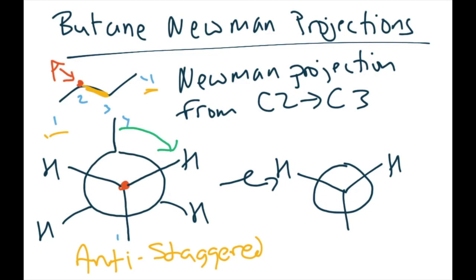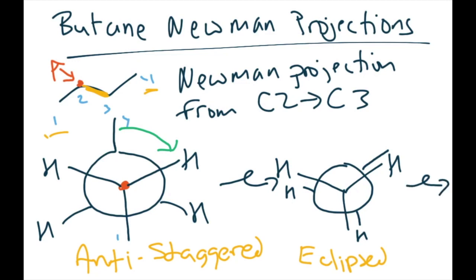Now I'm going to rotate the back carbon a sixth of a turn. That's going to move this methyl group behind this methyl group, and this hydrogen behind this hydrogen. So now I've gone from the staggered conformation to the eclipsed conformation.